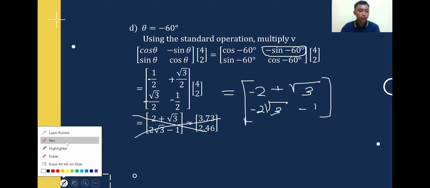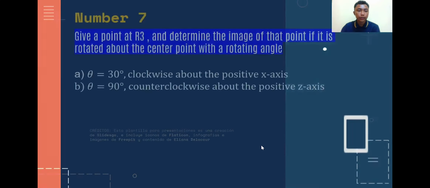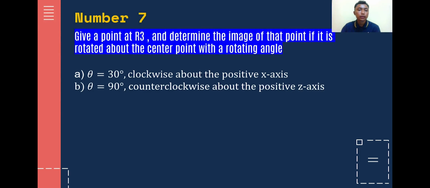Okay, next to the number 7. In the number 7, we are given a point in R3 and need to determine the image of the point if it is rotated about the center point with the rotation angle. First is 13 derajat clockwise about the positive x-axis.